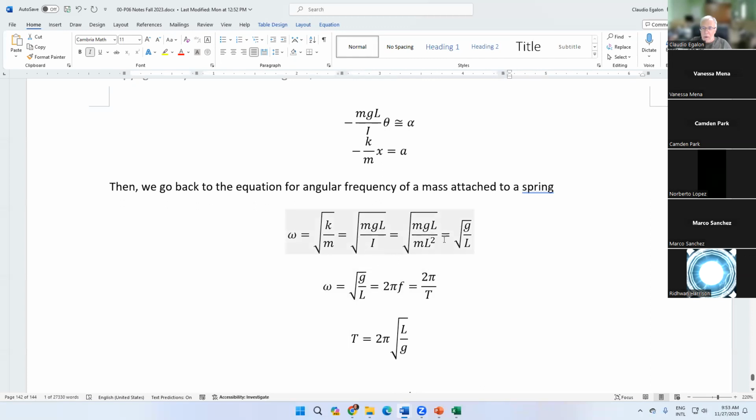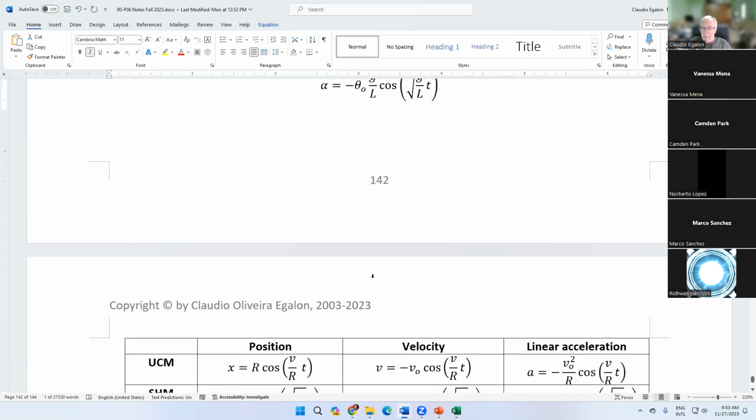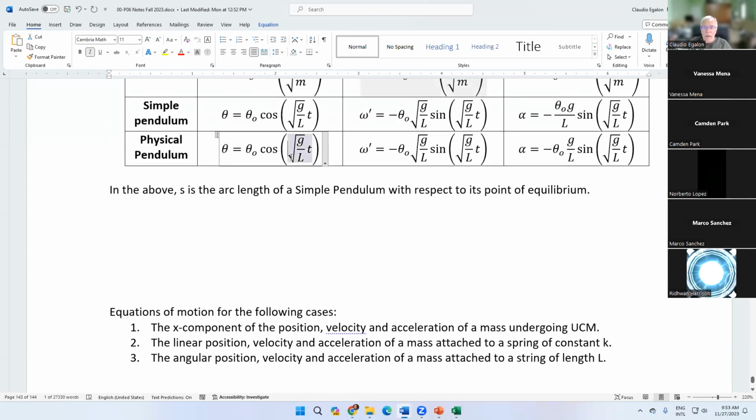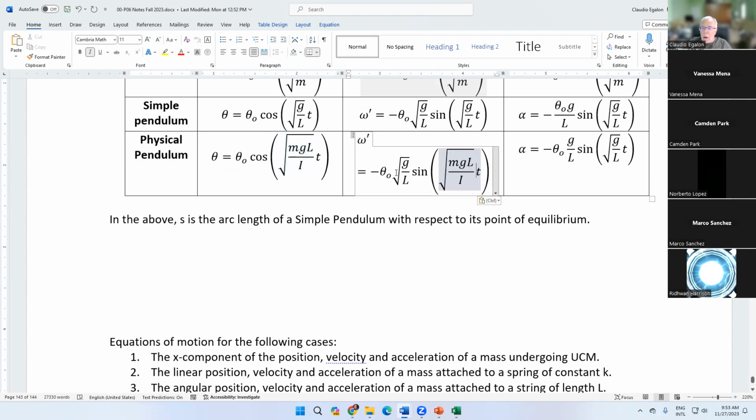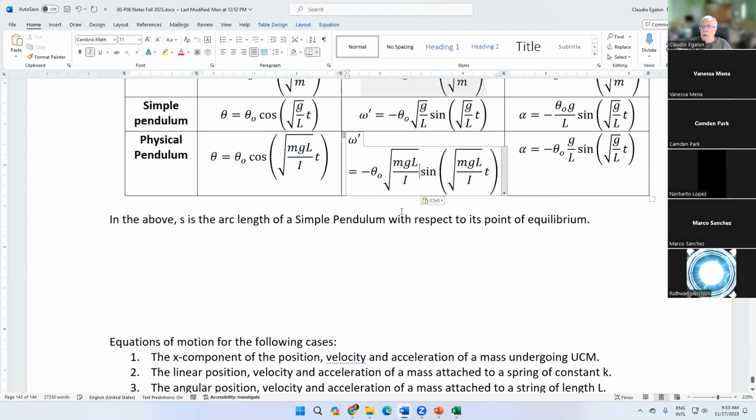Here's the relation. What is G over L is mg over L I.